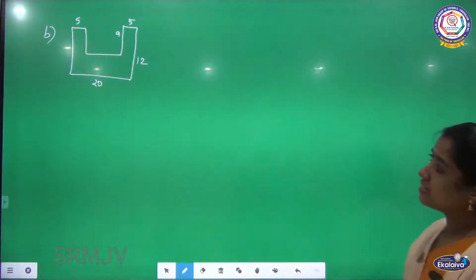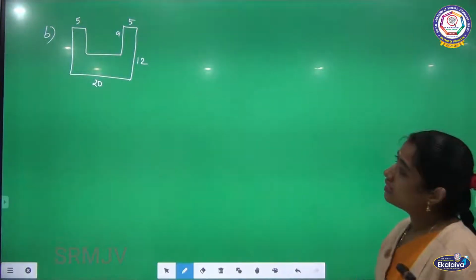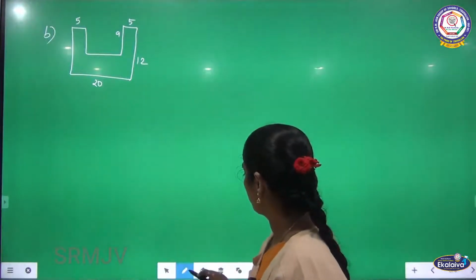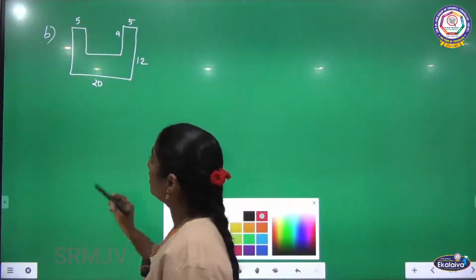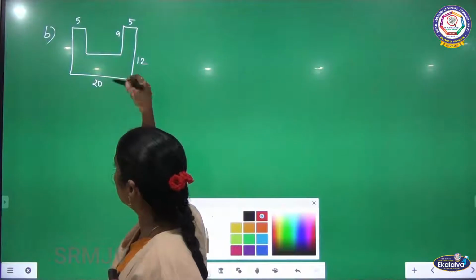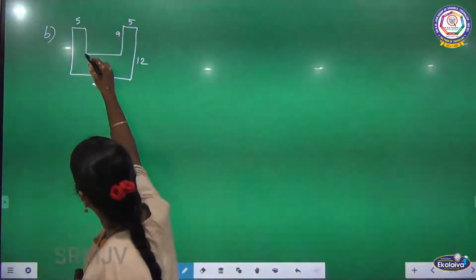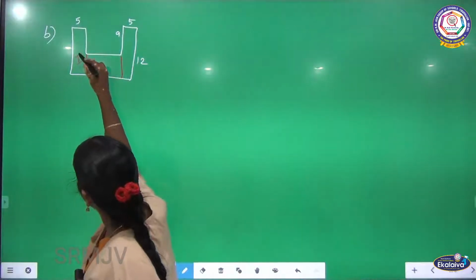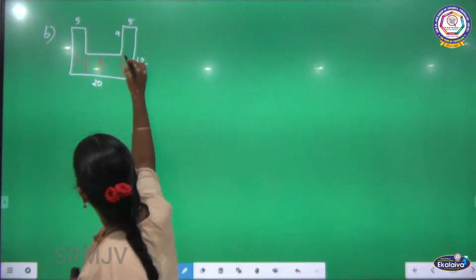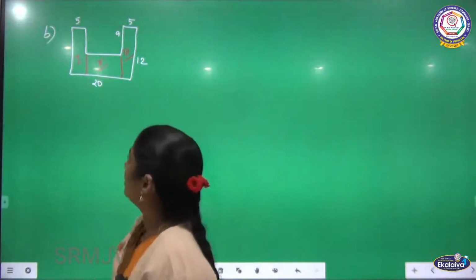Now see this. How can I split this? Listen. How can I split this? I am going to split this into 3 rectangles. One is this, one is the part 1 and 2, and this is 3.